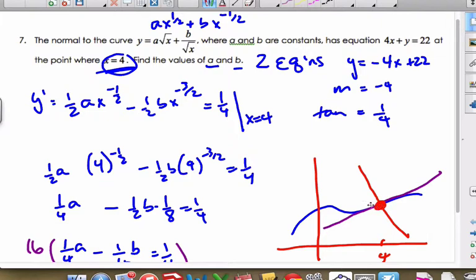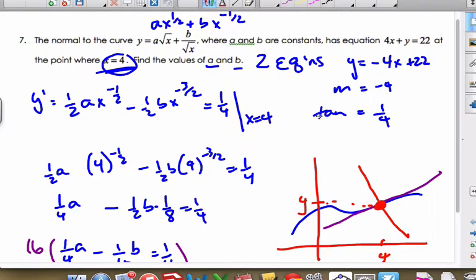Well, if I could find the y value here, then I could have a point on the blue curve. At x equal to 4, this point is on the normal line, it's on the tangent line, and it is on the blue function that we're looking for.